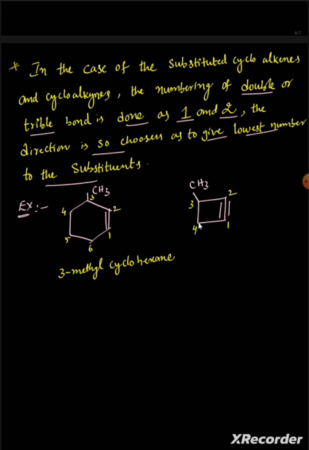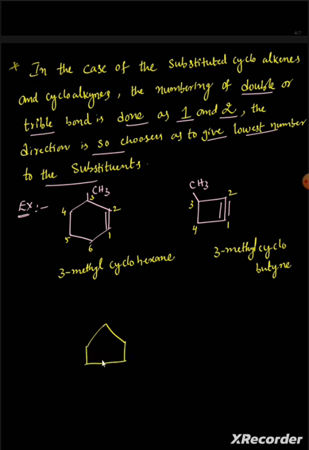Okay, here also 3 methyl cyclobutyne, triple bond is there, no, that's why the name. Okay, see another example, one more example we are checking here.